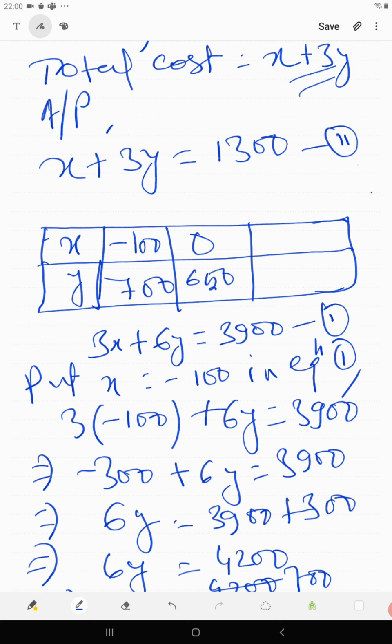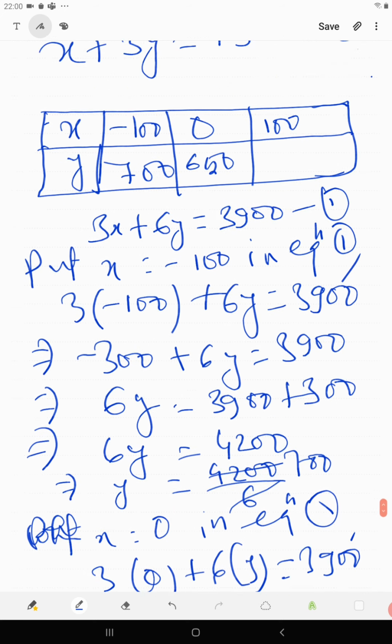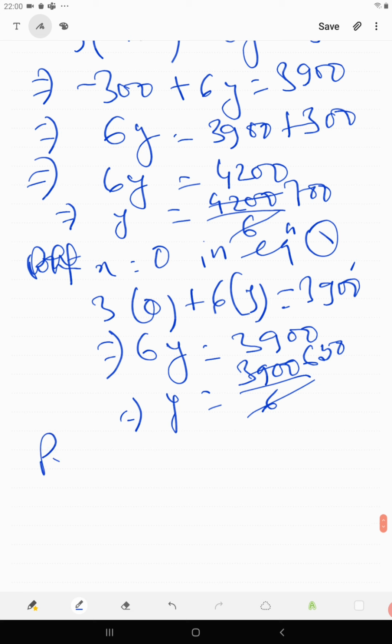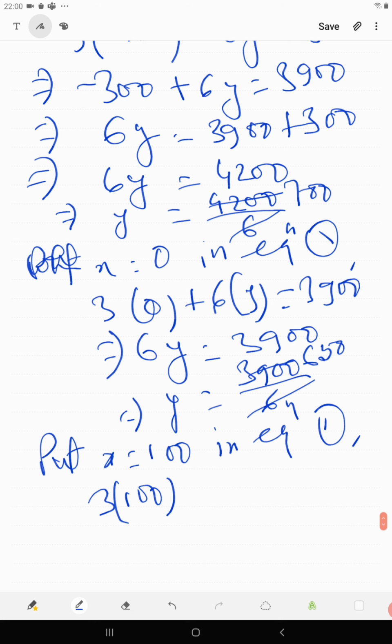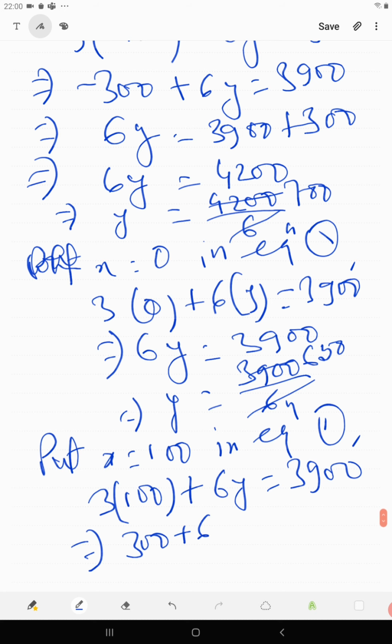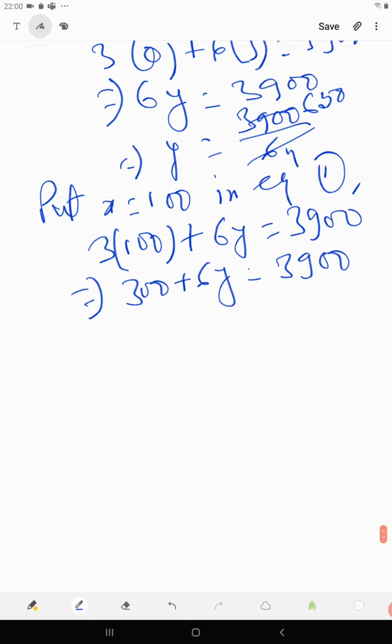Now take 100, some positive value. So I took 100. So put x equals 100 in equation 1. So what will we get? 3 into 100 plus 6y equals 3900. Simplifying, 300 plus 6y equals 3900.